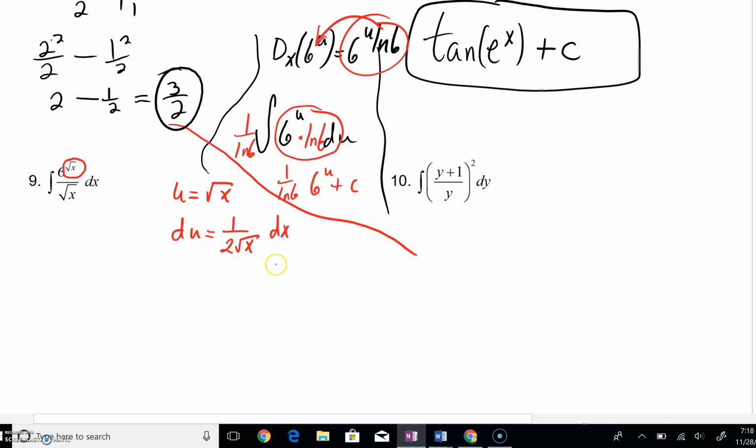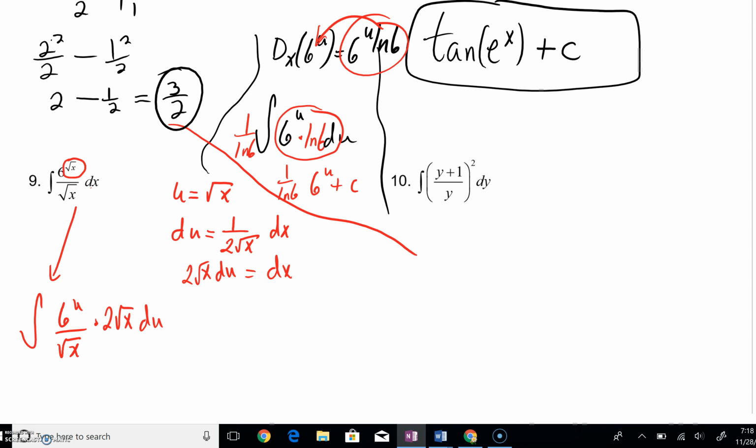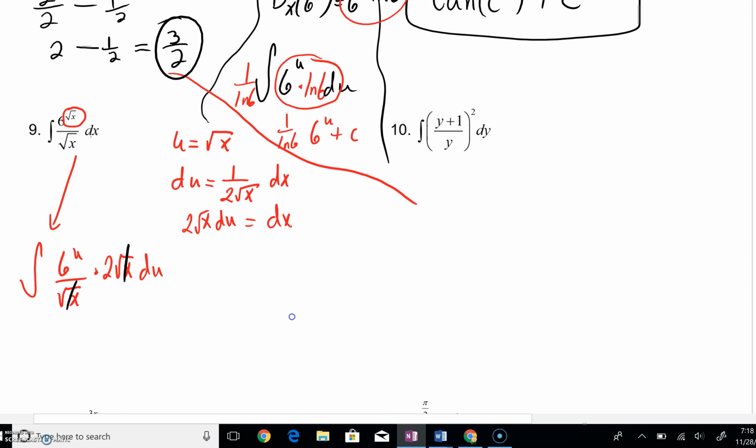And if we were to solve for dx, that would be 2 radical x du. So this integral will become 6 to the u. That'll have my radical x right here. My dx becomes a 2 radical x du. And sure enough, these radical x's are going to go away.